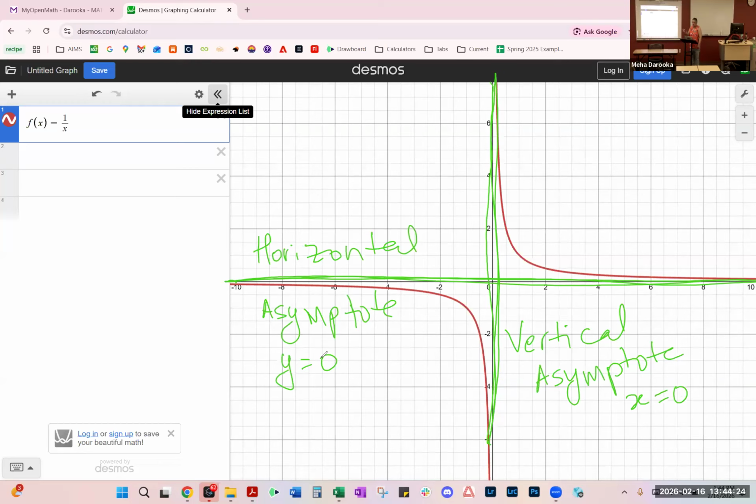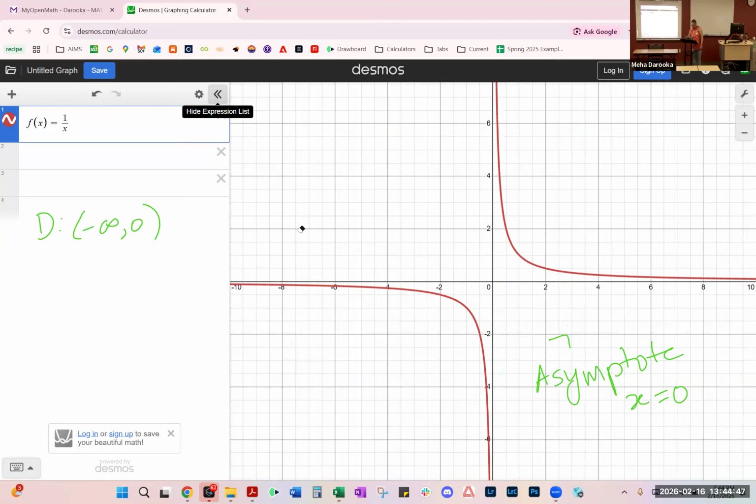So this actually tells us you cannot include 0 in your domain, but you also cannot include 0 in your range. So for the domain for this function, we will be going from, okay, everything from negative infinity to 0 is okay. We cannot include 0. You know what, let me clear some of this writing because I want to show you that.